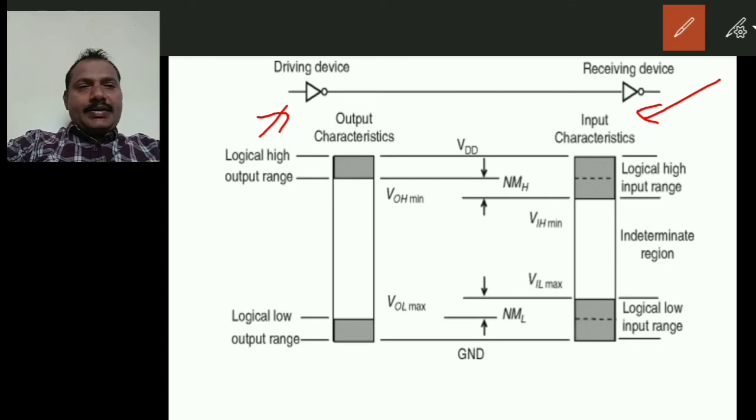Observe here the output characteristics and the input characteristics of both devices.